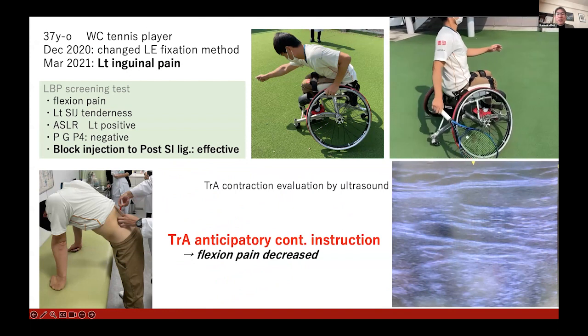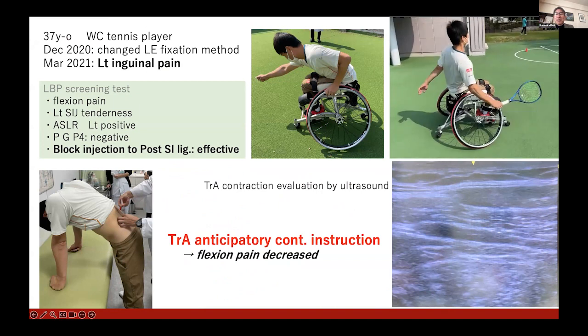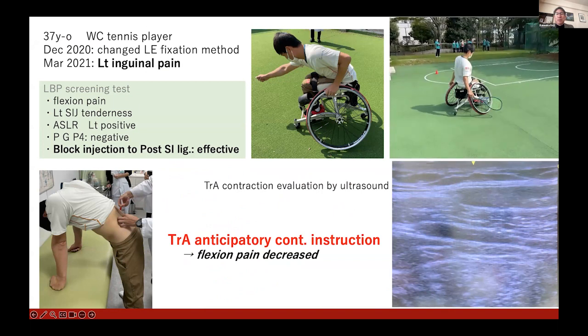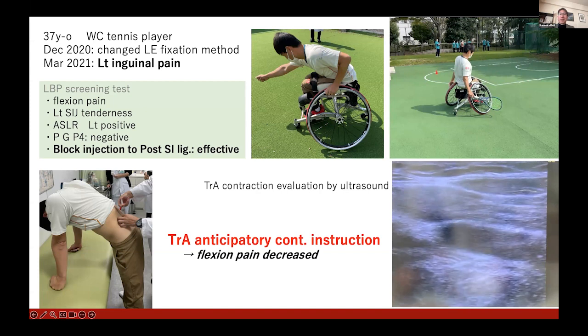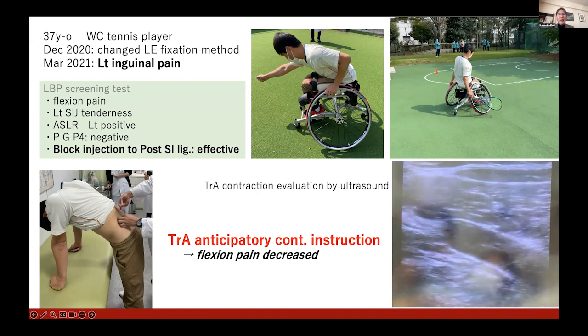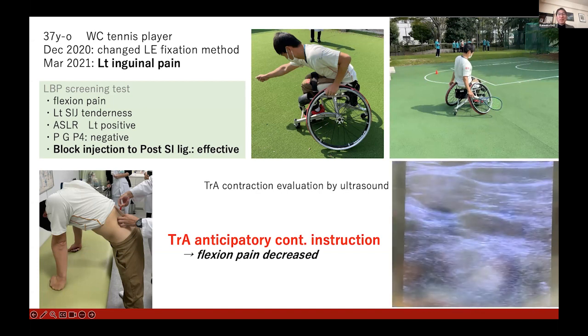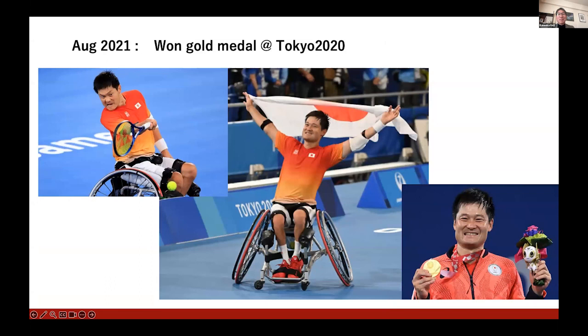I diagnosed SIJP because of improvement after a block injection into the posterior sacroiliac ligament. And I taught him anticipatory TRA contraction, and his pain improved. And his SIJP improved, and he was able to win first place at the Tokyo Paralympic Games.